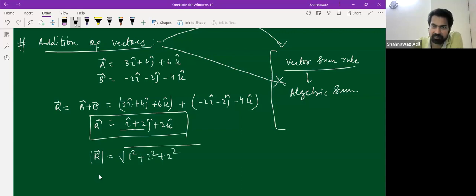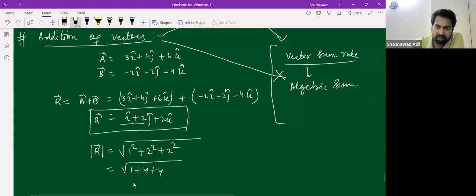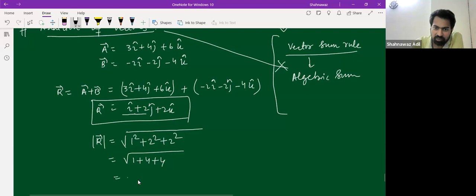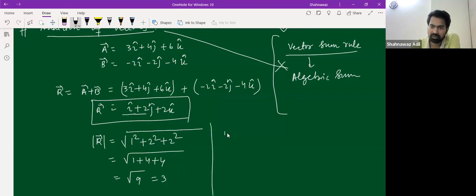Right, Akib? So this would be 1 plus 4 plus 4. So this would be root 9, which is 3. And then we can calculate the direction also. The direction would be simply the r vector divided by the r magnitude. So this would be i plus 2j plus 2k divided by 3.